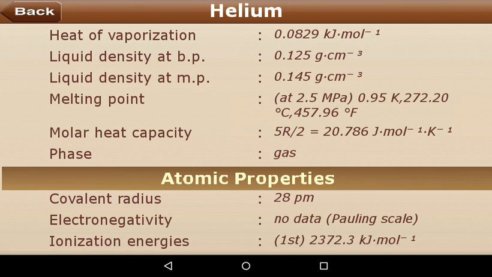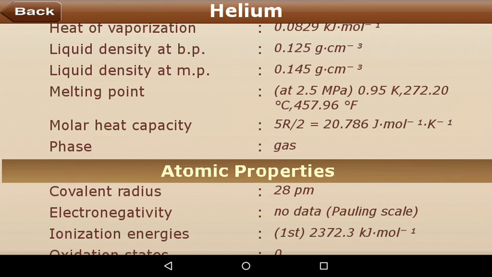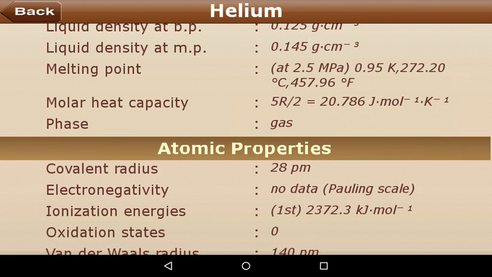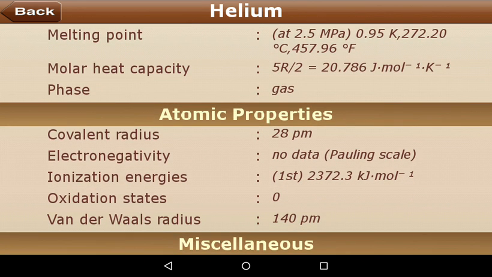Liquid density at the melting point is 0.145 grams per cubic centimeter. It has a melting point at 2.5 MPa, which is 0.95 Kelvin, or minus 272.20 degrees Celsius. Molar heat capacity is 5R over 2.